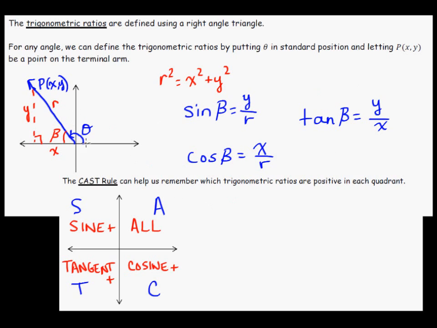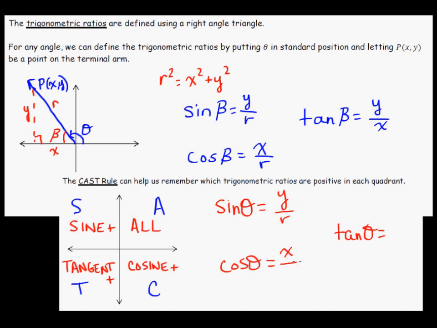But if we wanted to now look at the sine, cosine, and tangent ratios for theta, they are going to be the exact same as beta, except we're going to apply the CAST rule in order to figure out whether each one is positive or negative. So sine theta will be y over r, just like sine beta.